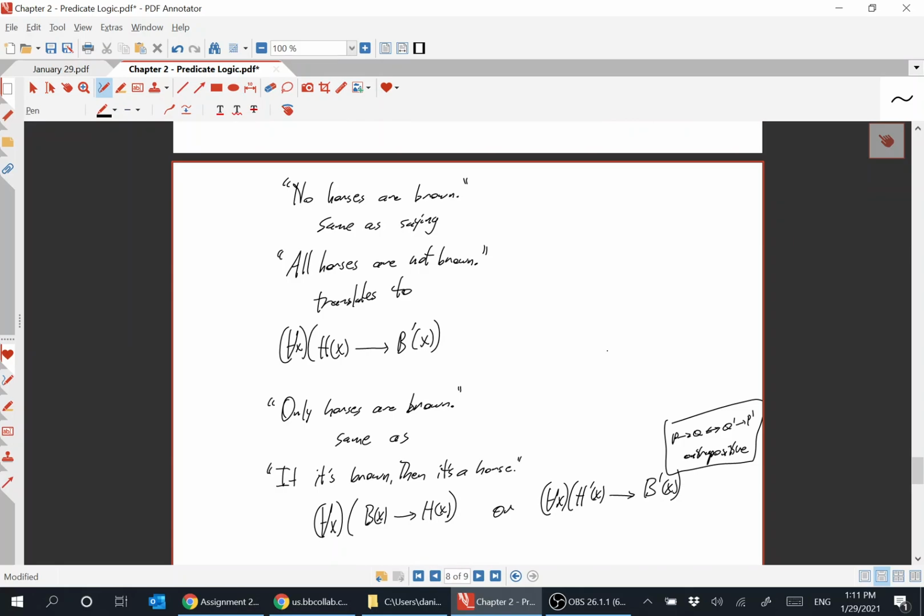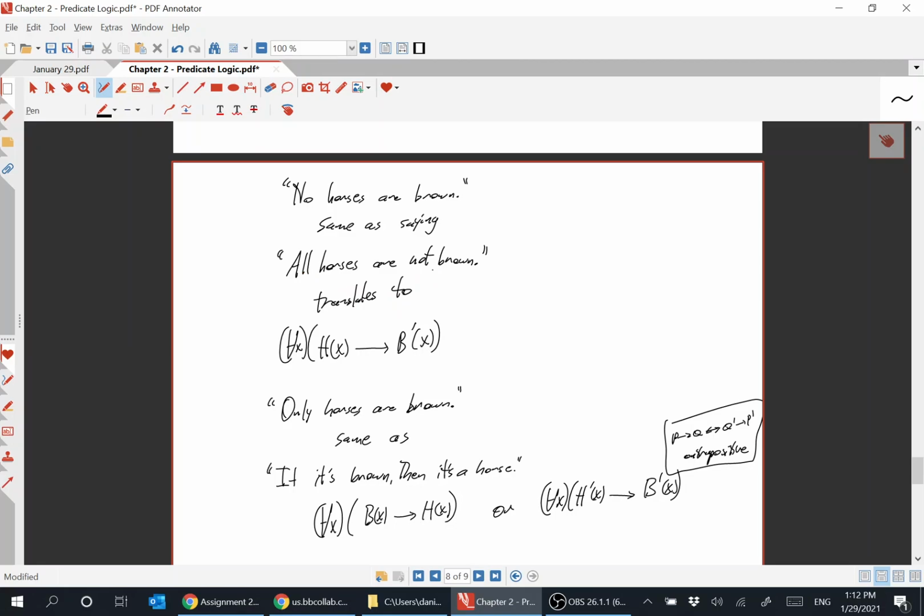So all horses are brown. No horses are brown. Remember, when you say no horses are brown, no dogs are green, no potatoes are purple, whatever it might be, it's the same as saying all horses are not brown.